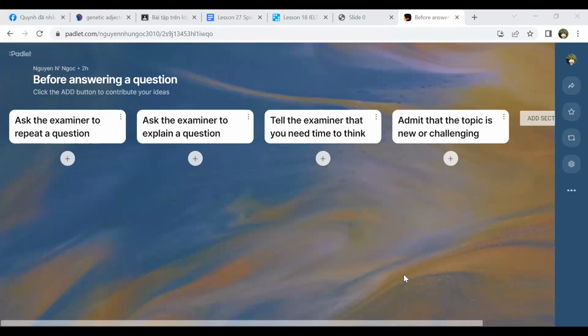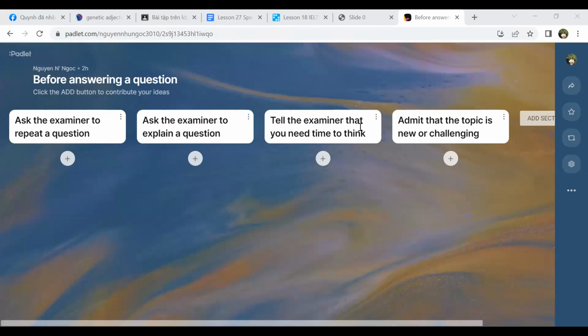I'm going to send you this link, and when you click on it, you will see 4 columns. Number 1, if you want to ask the examiner to repeat a question, what would you say? And even after he repeats the question and you still don't understand it, if you want him to explain a question for you, what would you say? You hear the question very clearly, but you need 1 or 2 seconds to think.